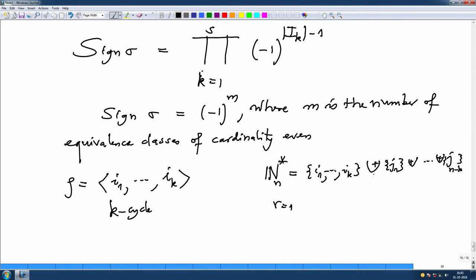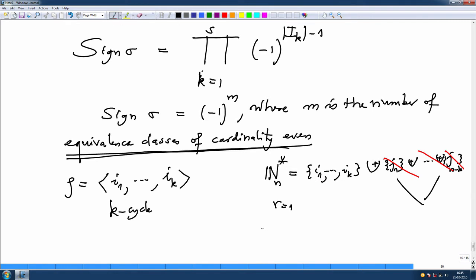They do not contribute anything to the canonical decomposition. We want to compute how many equivalence classes are of cardinality even. Well, these guys are singletons, so they are of odd cardinality, and they do not contribute anything to m.